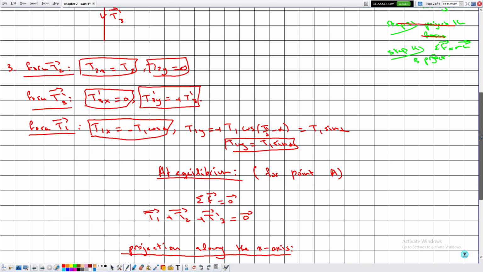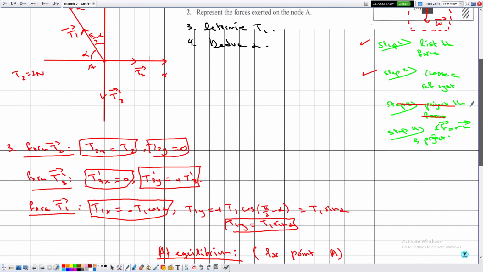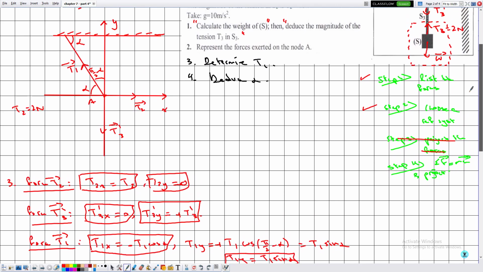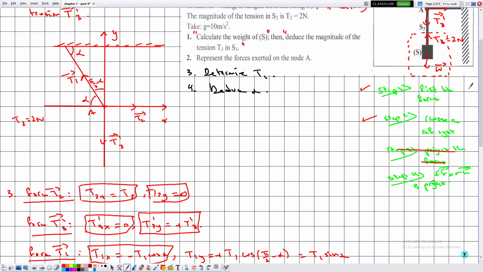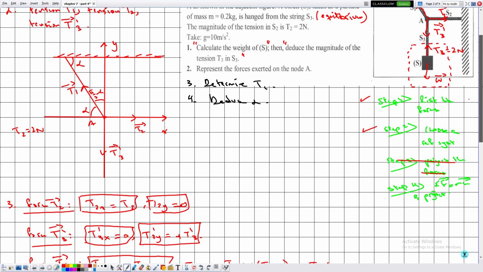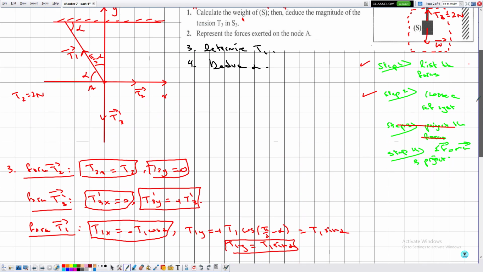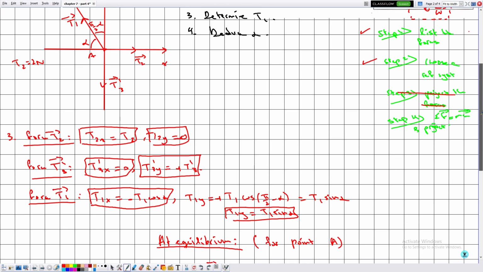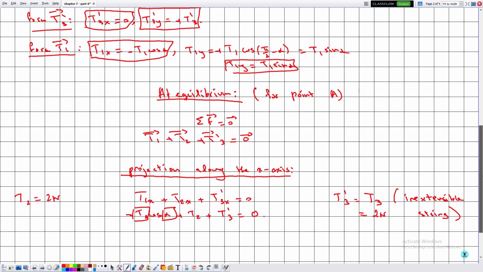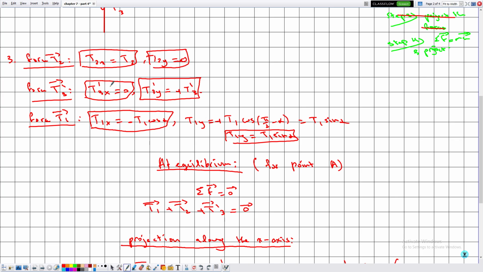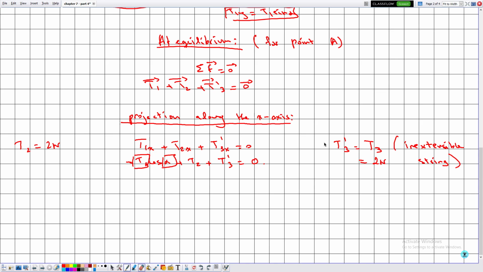Now T2x, let me check something. Sorry, T prime 3x is equal to 0, so no need for this.